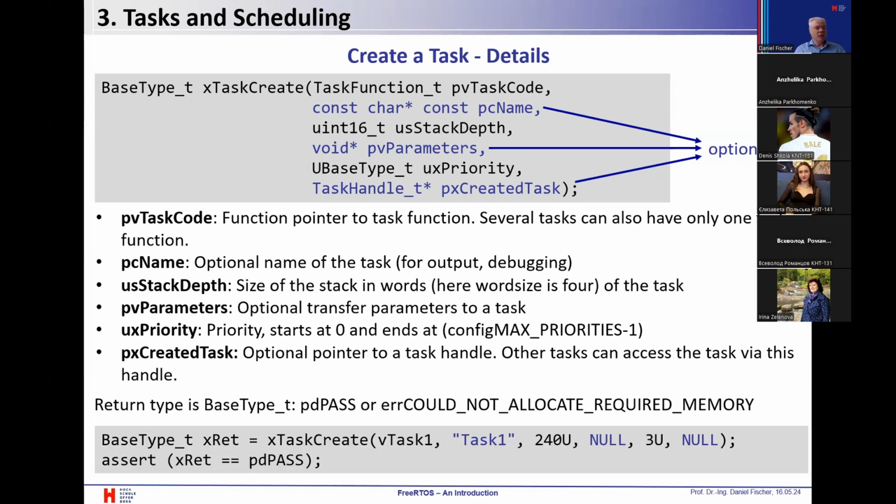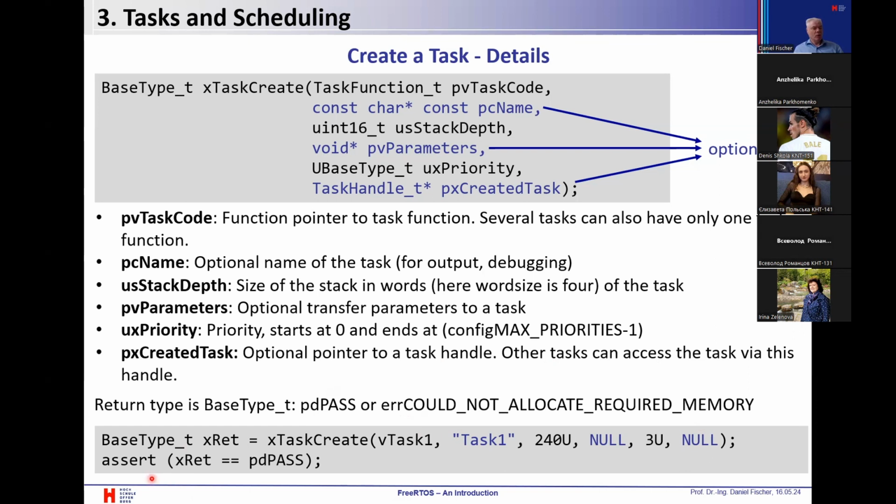Normally, you should implement it like here. You create a task and get a return value. You have a local variable, and in this variable it's stored whether the creation was okay, then you get back pdPASS. Or if it doesn't work, maybe because there's not enough memory available, then you get this back.